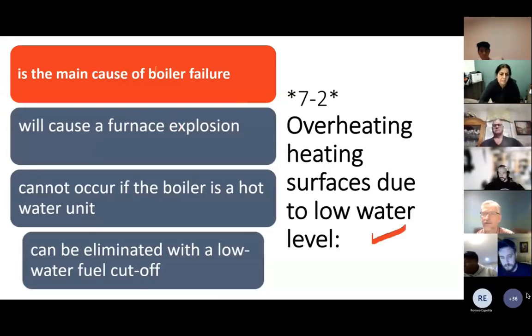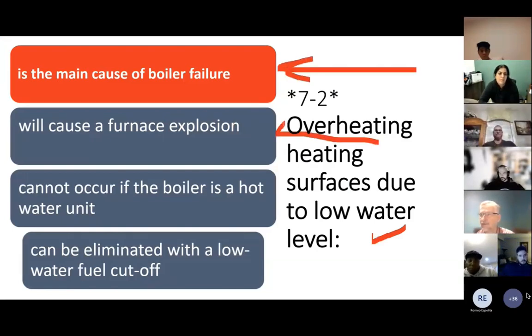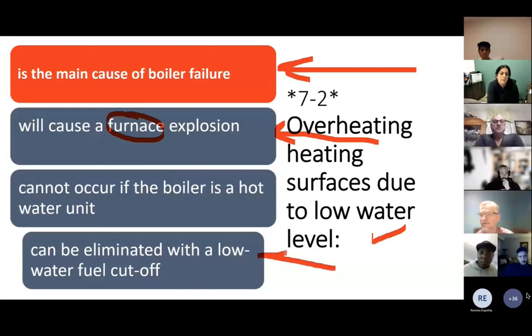So overheating, this one here, okay? What's wrong with answer number 2? Furnace explosion is different. Okay, blowing up the furnace is one thing, blowing up the boiler or pressure parts is another thing. And we'll clear that up tonight. What's wrong with this answer?